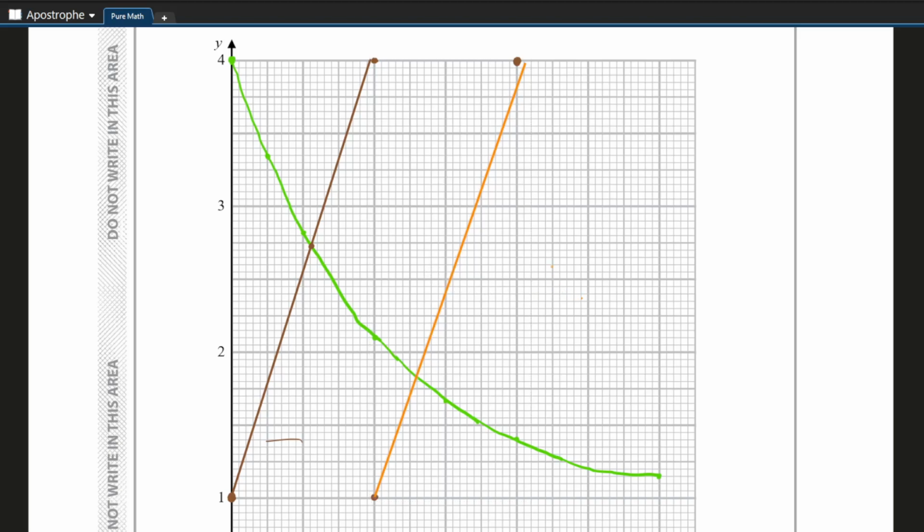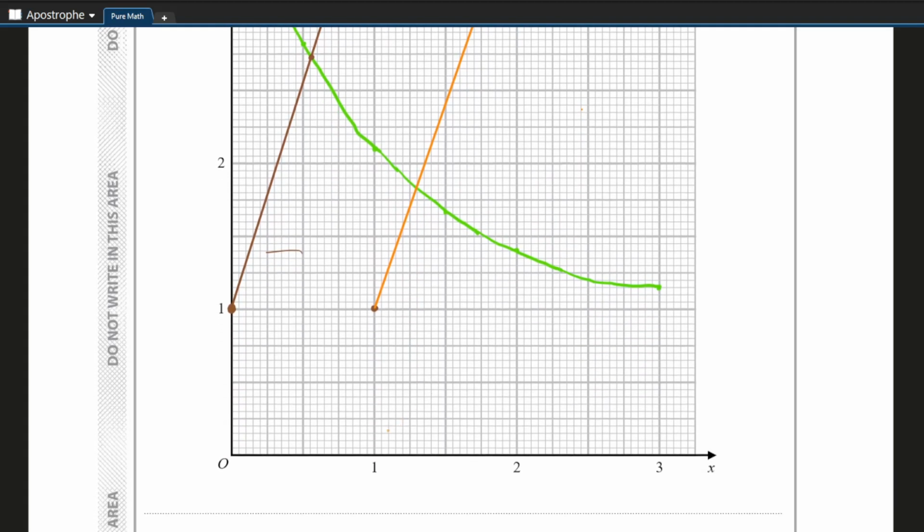Okay, sorry about the mistake here. This is close to 1.25, 1.30 for me. The solution is always on the x-axis, so you have to look at the x value.